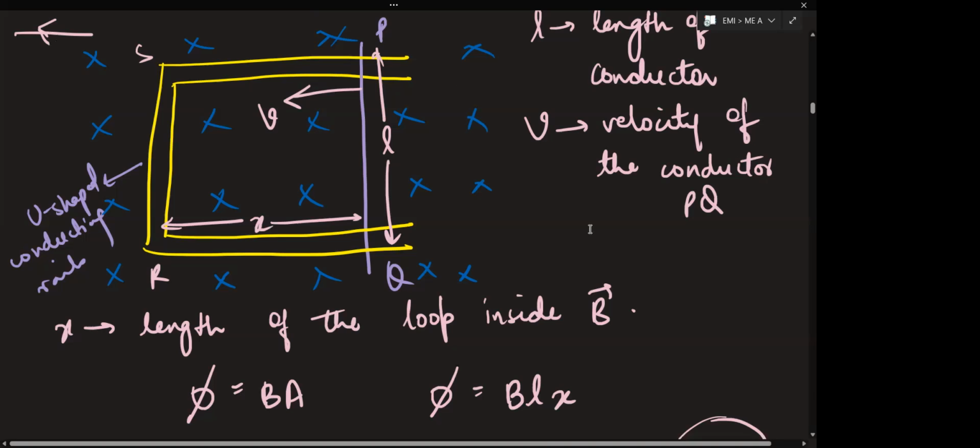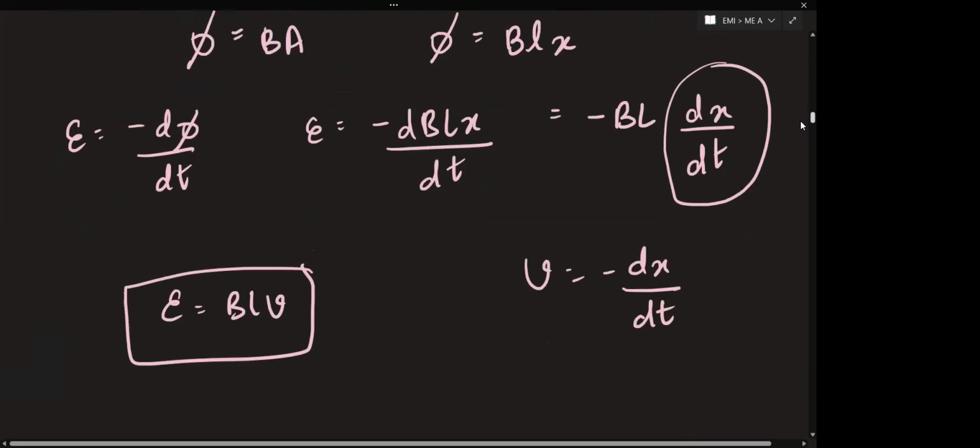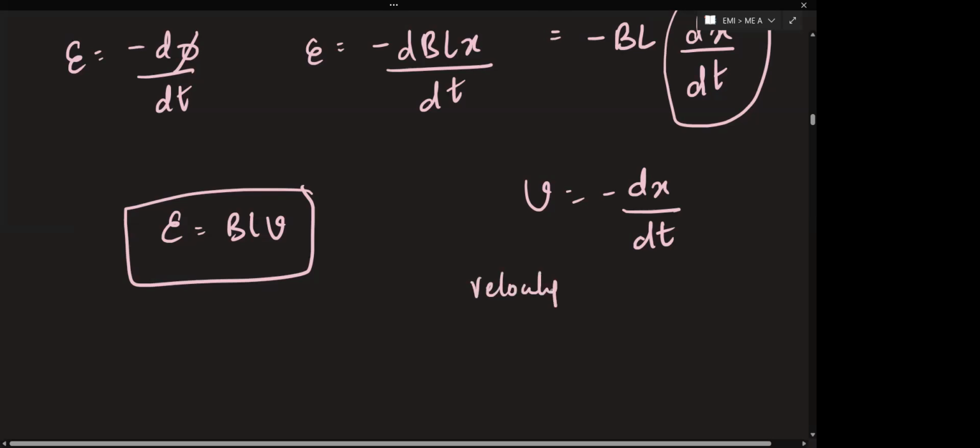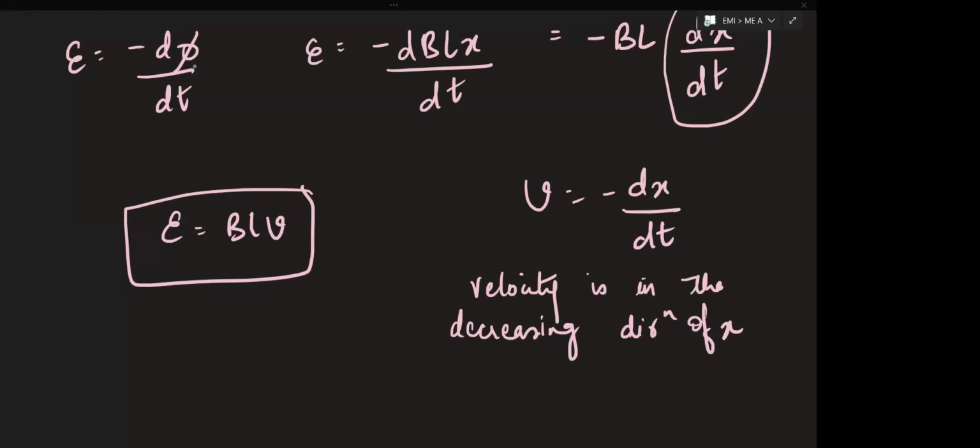Velocity is in the direction where the x value is less. That's why we had to add this negative sign. Velocity is in the decreasing direction of x.